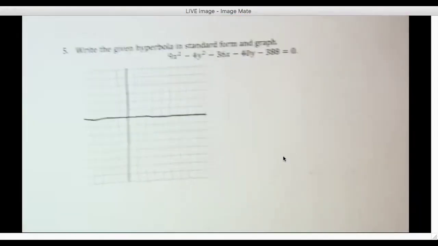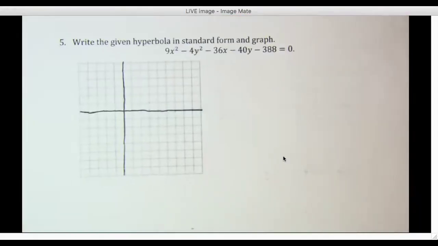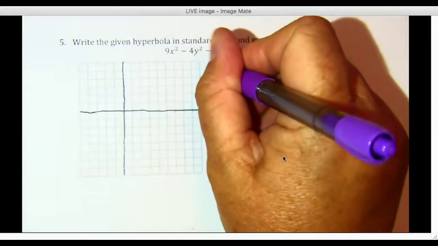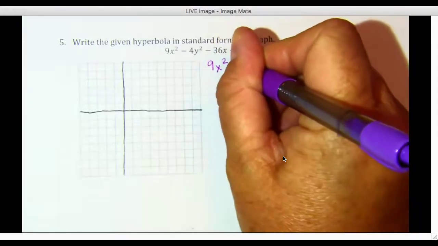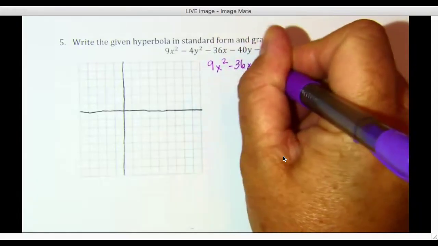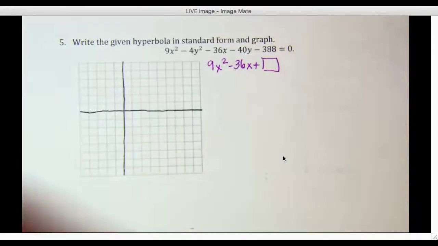We have one more example of graphing a hyperbola, and you'll notice here that this hyperbola is not in standard form. So like we did with the ellipse, we're going to need to use completing the square. And so we're going to be doing completing the square twice again. I have 9x squared and then minus 36x, so 9x squared minus 36x plus something, because we're going to complete that square.